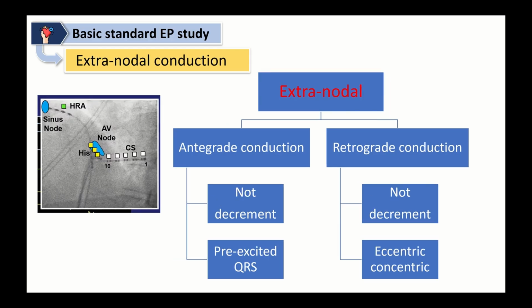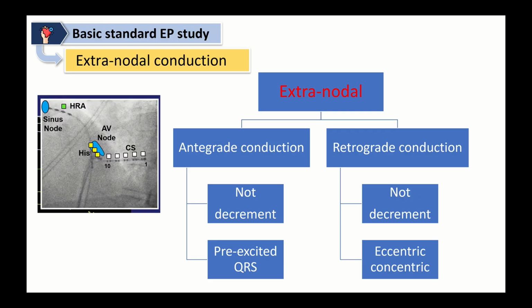On the other side, extranodal conduction, it's a golden rule. We can appreciate antegrade conduction in the accessory pathway, no evidence of decrementation. However, we can see a pre-excited QRS complex, evidence of delta wave and ventricular pre-excitation because the conduction was through the accessory pathway rather than the AV node.